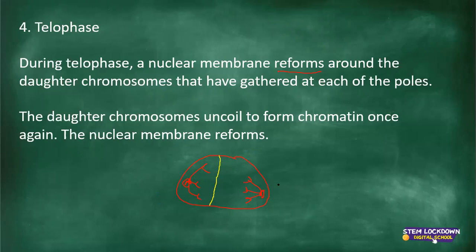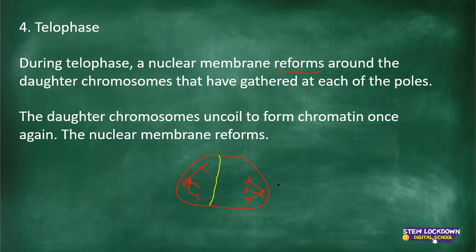The daughter chromosomes will then uncoil, because remember they had thickened in prophase. Remember the processes in prophase. Think of it this way: what happens in prophase is undone in telophase. In prophase, the nuclear membrane disintegrated.